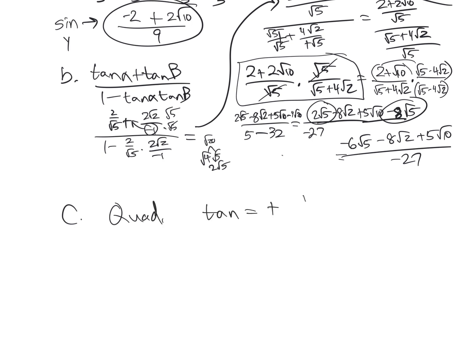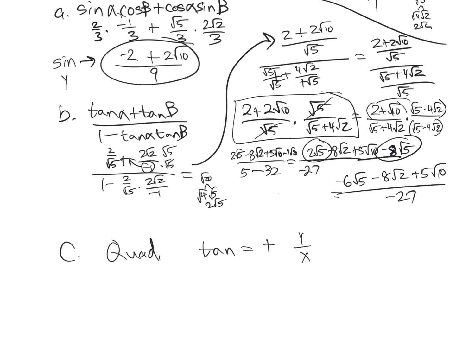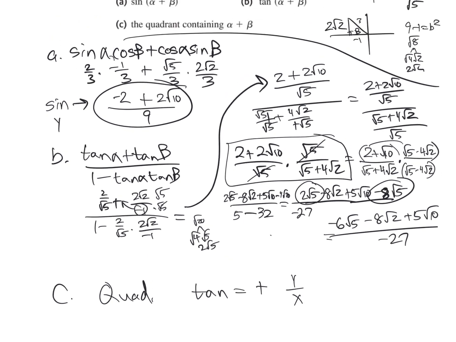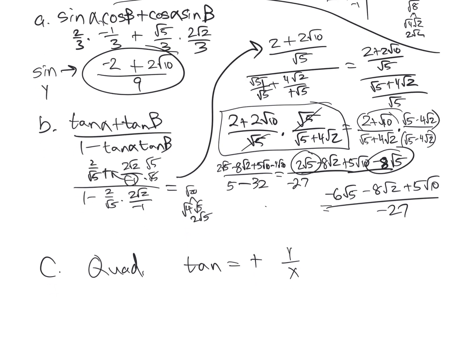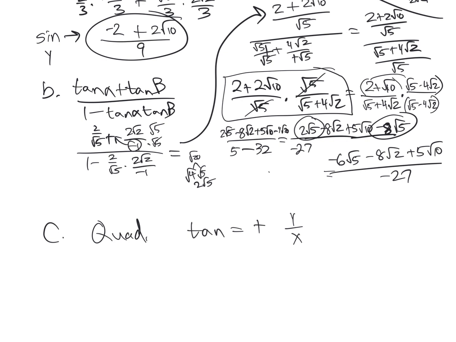And that's going to be y over x. And then on part A, let's see what the sine ends up being. Negative 2 plus 2 square root of 10 is going to be positive. So sine is positive, or the y value is positive. And if the y is positive and the whole tangent is positive, then x has to be positive. So we are in the first quadrant.